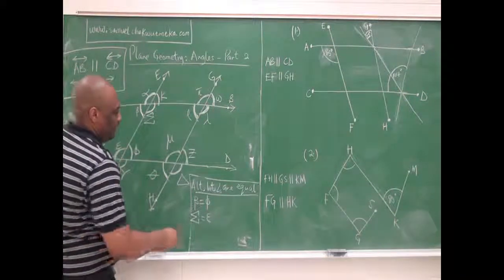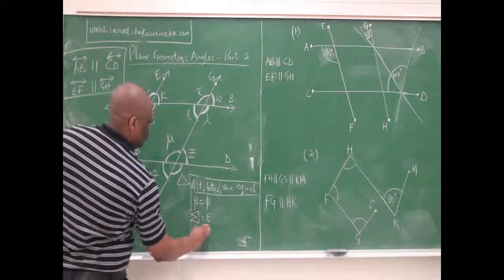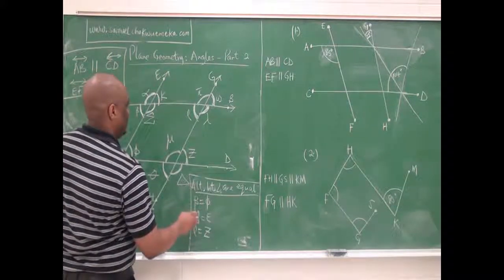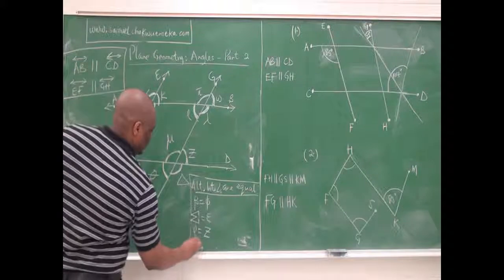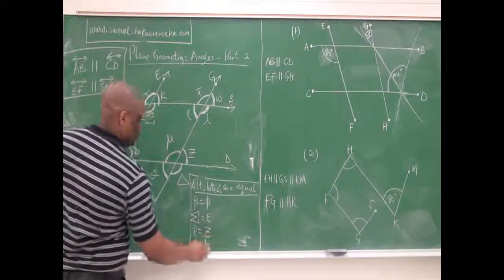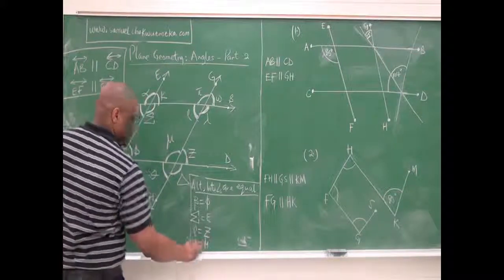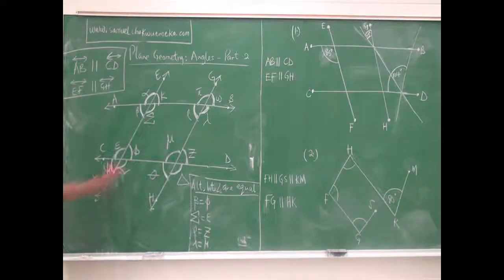Then here, rho is equal to zeta. And then lambda is equal to mu. Okay, that is if we take the point of reference as lines AB and lines CD.